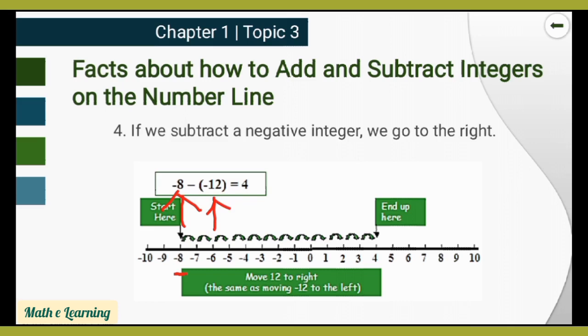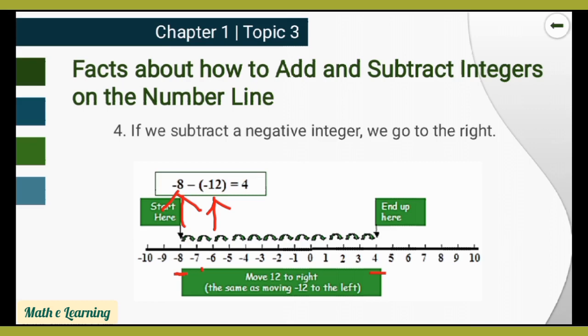That means we need to move 12 positions to the right side, and we reach 4, and it is +4.